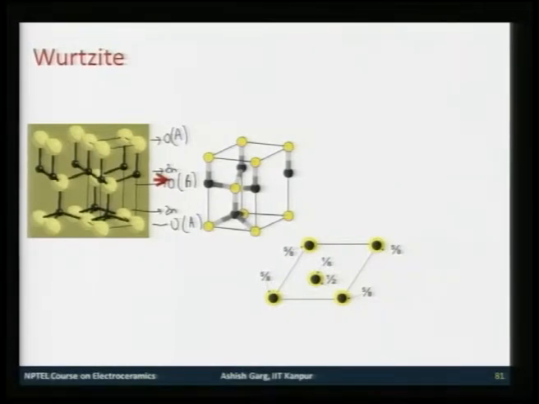So, you can see here that if you draw the plan view parallel to the C plane, or perpendicular to the C axis, you can note the positions of both cations and anions in this fashion.